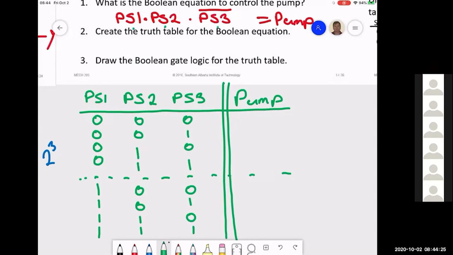So if I look at my PS1s, wherever there's a 0, the pump must be off, because remember, every input must be true. So if a single input is false, the pump will be off. So PS1, wherever it's a 0, the pump is going to be off. PS2, wherever that is a 0, the pump is going to be off.